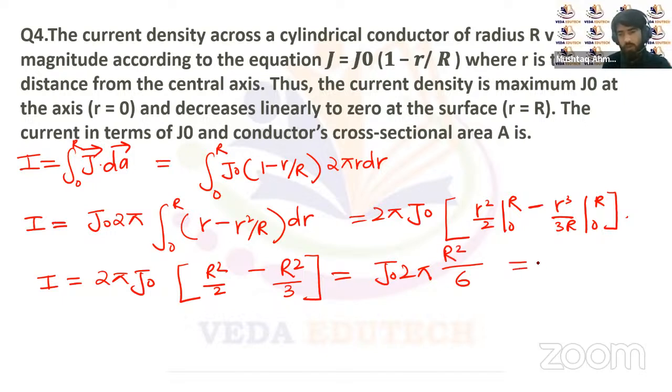The final answer here is J naught pi R square upon 3.